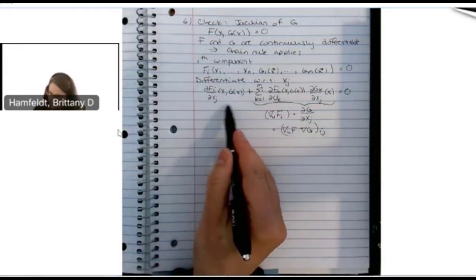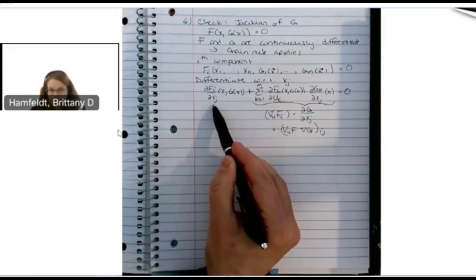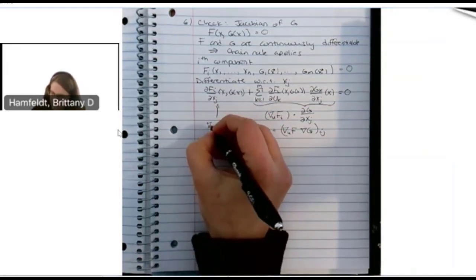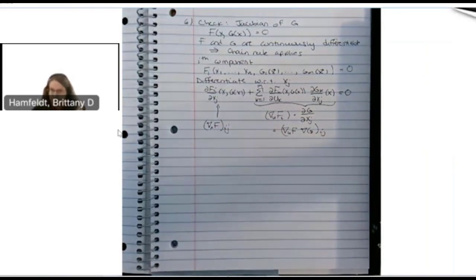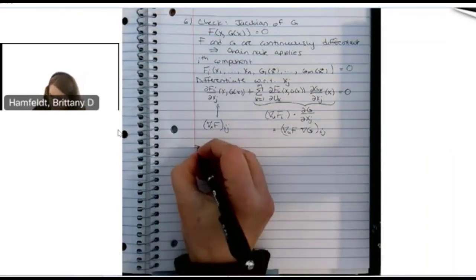Now this similarly is our usual ijth component of the Jacobian of f, where we're only restricting to these x variables. So this is the usual way we write the ijth component of a Jacobian. And if I put this all together, what do I have?